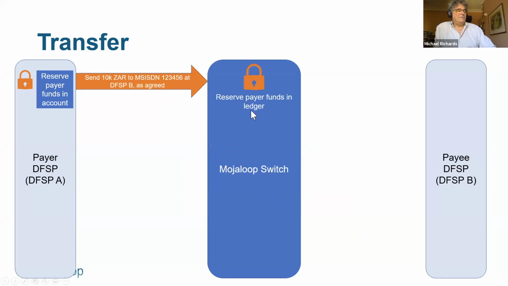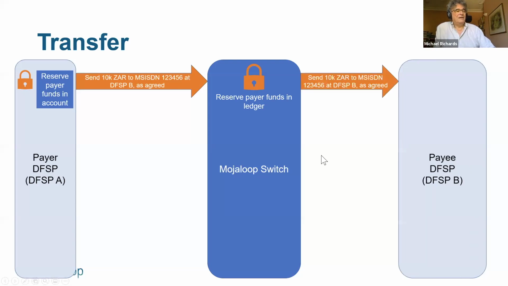The switch then reserves the payer DFSP's funds in its ledgers, so they can't be spent twice. And it stores the condition in the same way as the payer stored the condition. It sends it through then to the payee.